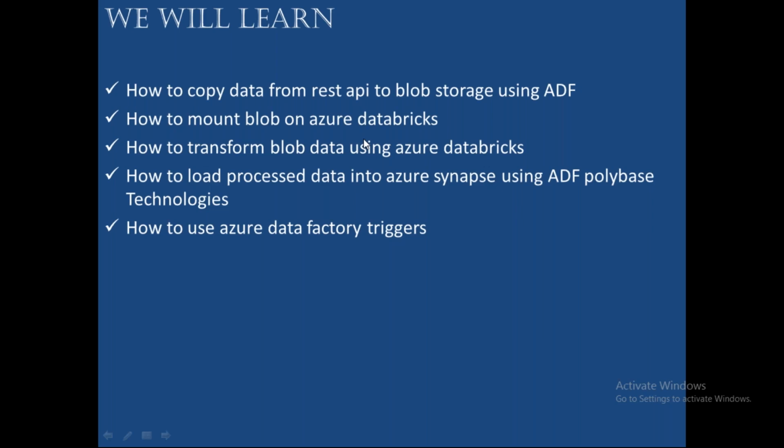Whenever some file is deleted from your blob storage v2, how you can run your pipeline. Along with all of these, we also saw that if some file is loaded into Azure Data Lake Storage Gen 2, how you can run a pipeline, because this event trigger supports two storages, that is storage account v2 and Azure Data Lake Storage Gen 2. All those things we discussed yesterday itself.